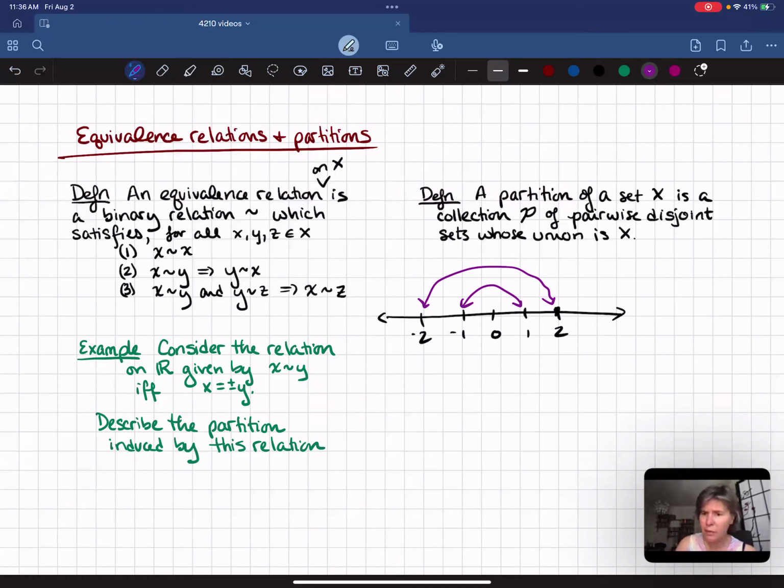What's equivalent to 0? Just 0. 0 is equivalent to itself, but that's it.